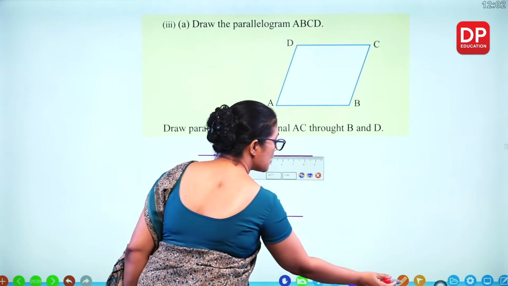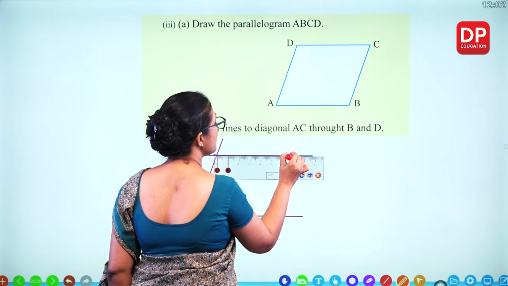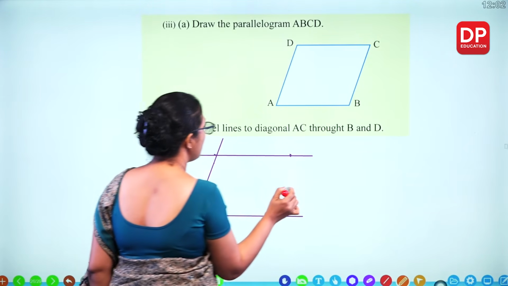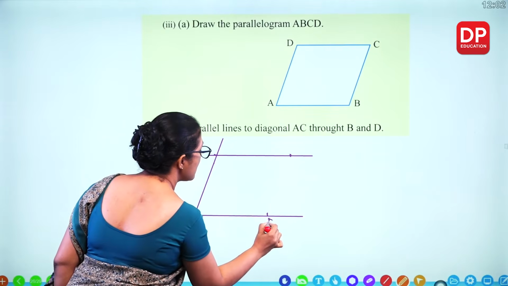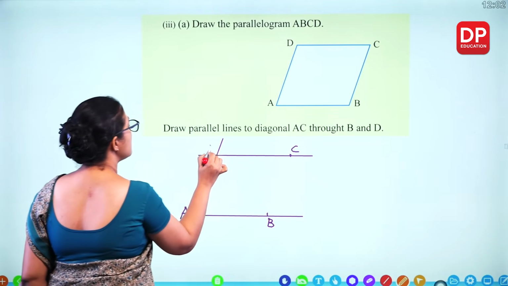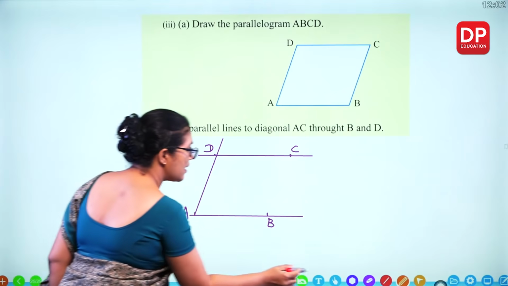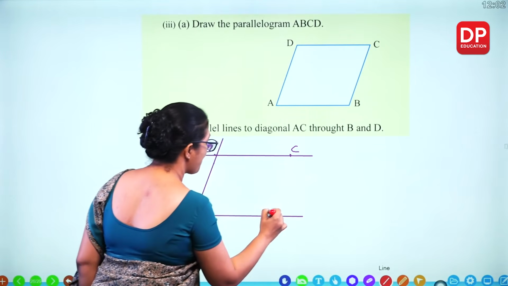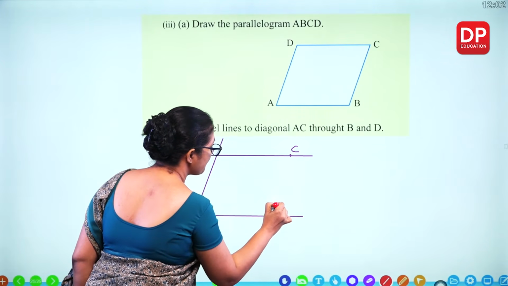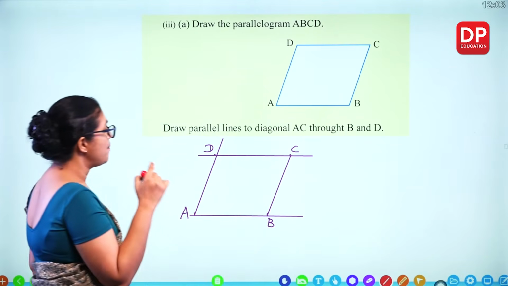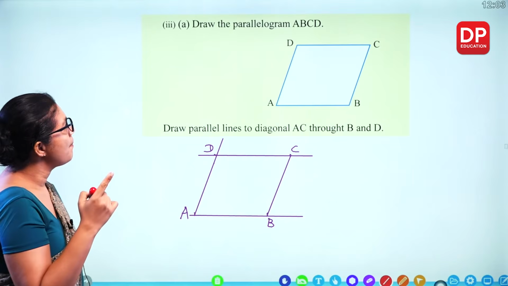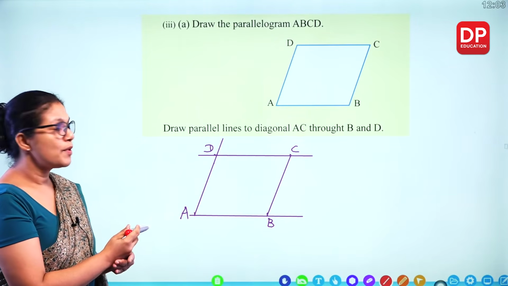This is this point, 6.7. Now we have all 4 points, A, B, C, D. So you can connect B point with the C point. So this is the ABCD parallelogram.